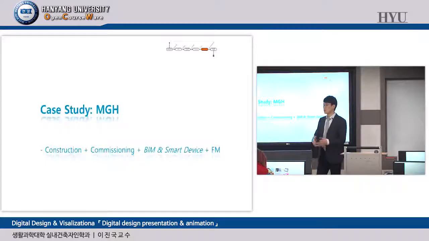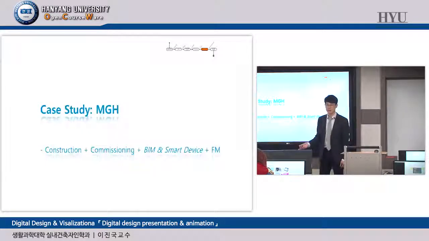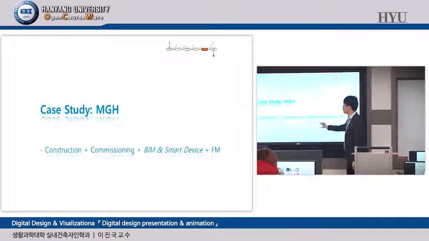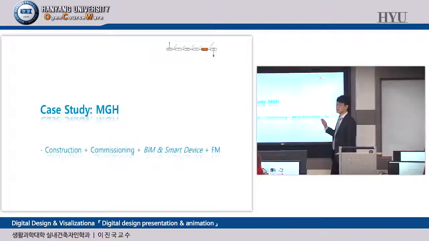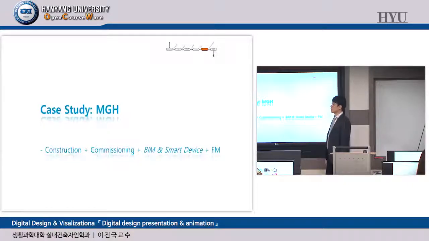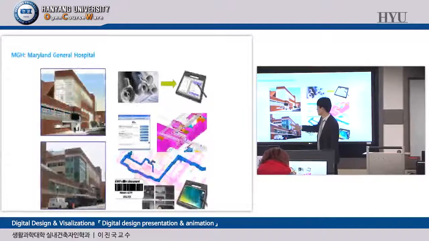So always their maintenance and management, planning, conducting management, is very sort of a headache. So they try to use building information modeling, a digital model, and their real world building, the hospital building, they try to use some type of digital devices. This is the BIM design file, and this is a real picture.